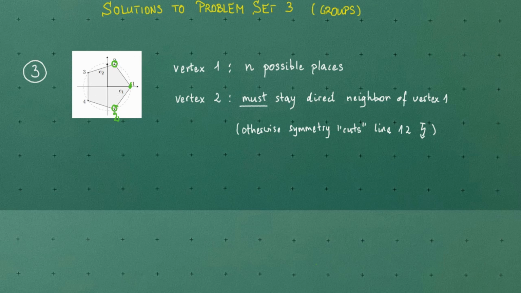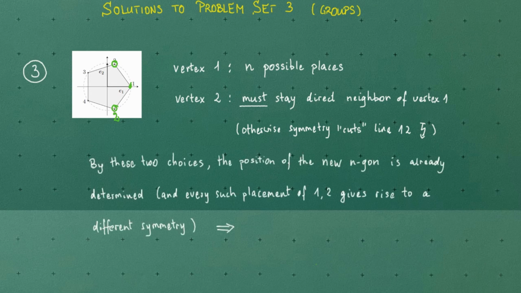By choosing the places where these two go to, the rest are uniquely determined. Otherwise, again, I would cut somehow or destroy my regular n-gon. And this is already the argument. By these two choices, the position of the new n-gon is already determined, and this is also important, every such placement of those two gives actually rise to a different symmetry.